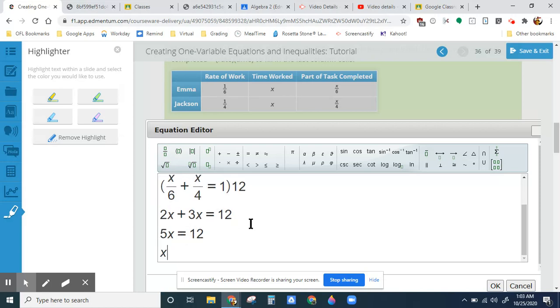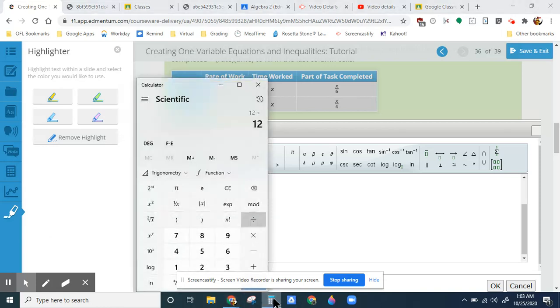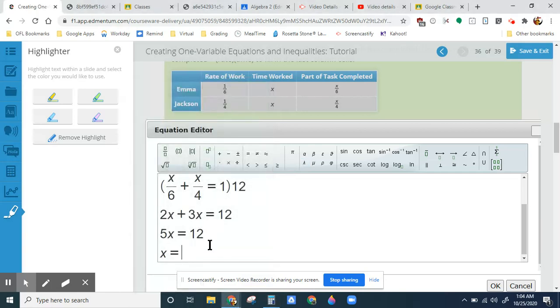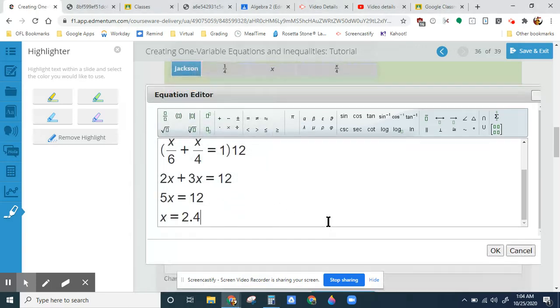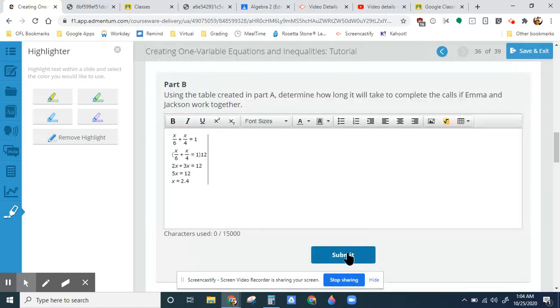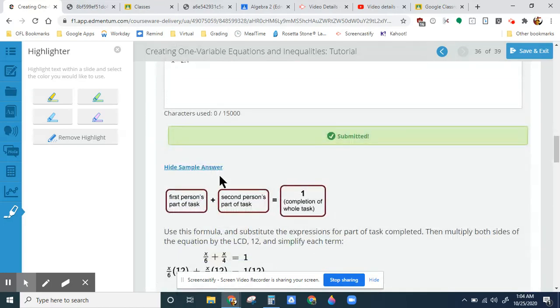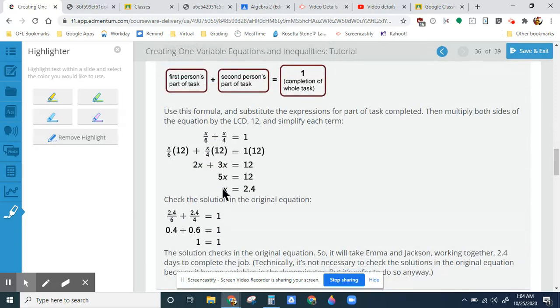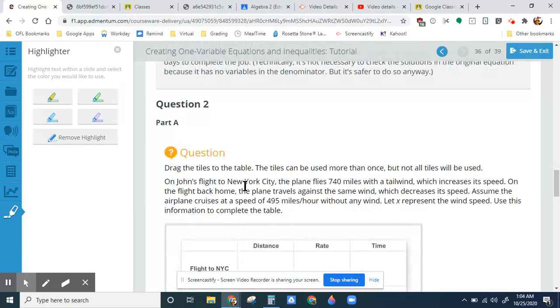So we end up getting x is equal to 12 divided by 5, 2.4. So get that, submit it. So it looks like it's 2.4. Let's take a look. Yep, got it.